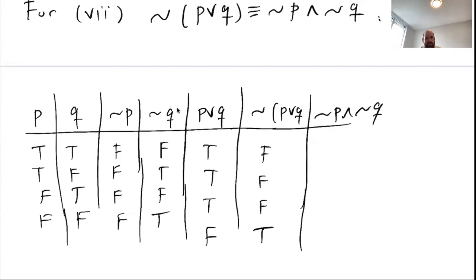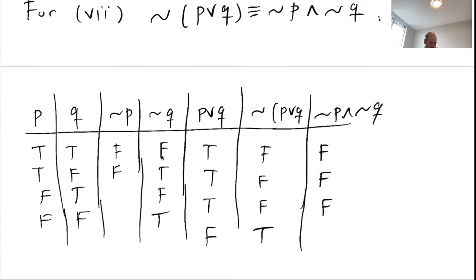If both the first one and second one are true, true and true will be true. Otherwise, it's false. So let's look. In the first row, I have false and false, which is obviously false. Second row, false and true, false. False and false, false. Oh, sorry, this one, negation P.